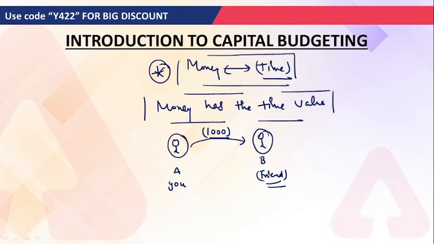And after 2 years your friend returned the same amount to you, 1000 rupees after 2 years. So what are you going to say to your friend? You just made a loss to me.